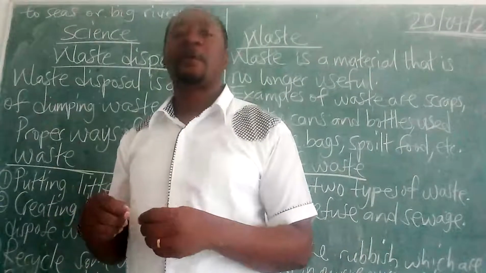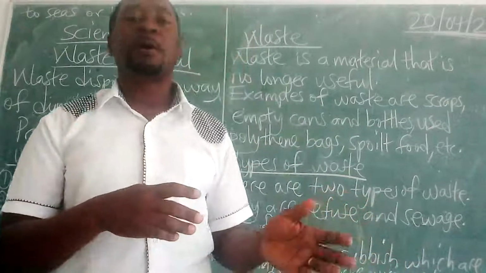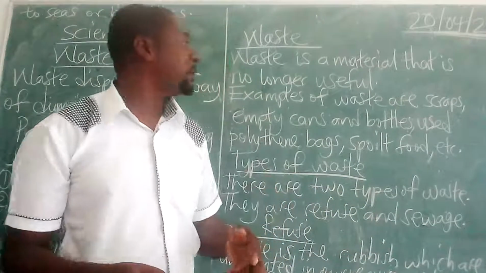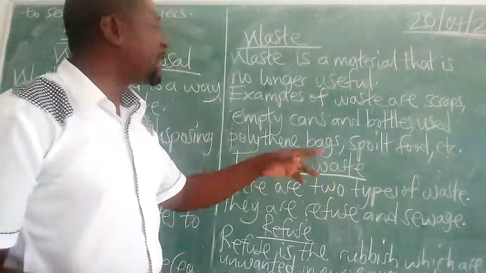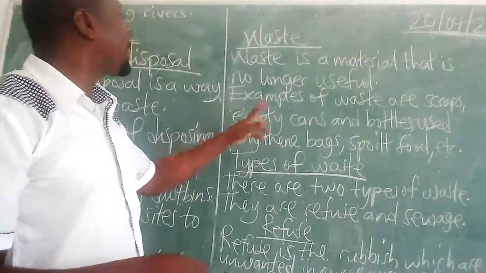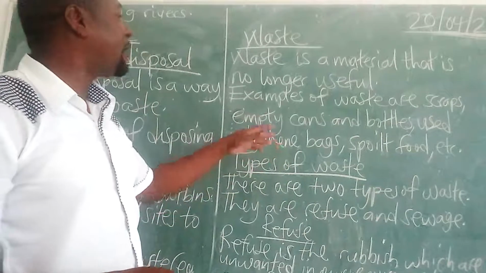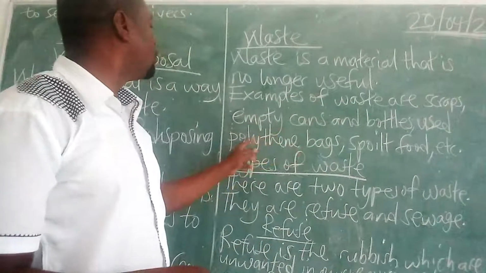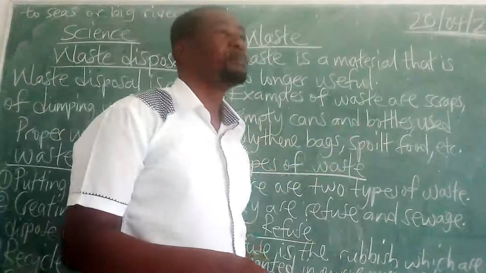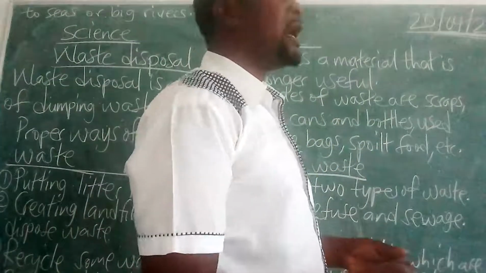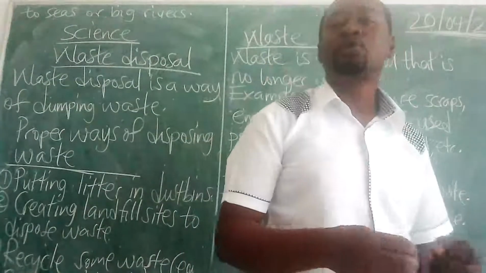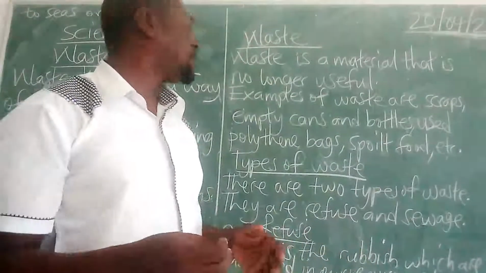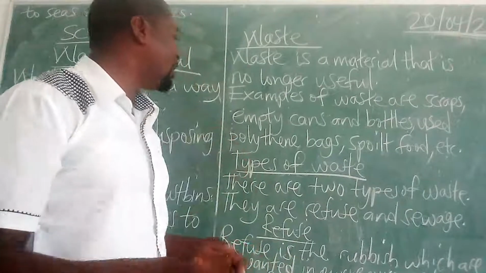If you have any broken bottle or empty can which is not useful, you throw it away. So we classify all of them as waste. Examples of waste are scraps, empty cans, bottles, used polythene bags, spoiled food, banana peels, and used clothes. All these things are waste.